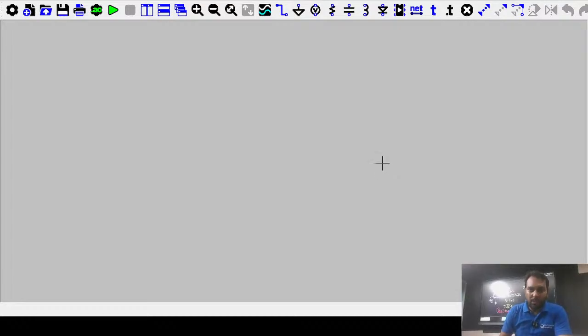If you want an NMOS, you just go for that component. You can press P or go to the component menu. Just click on this and you have an NMOS. I am taking the four-terminal NMOS.